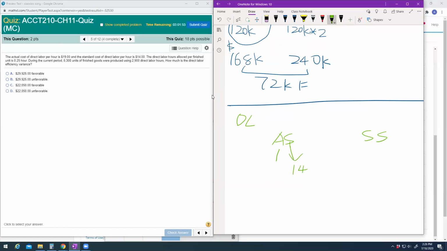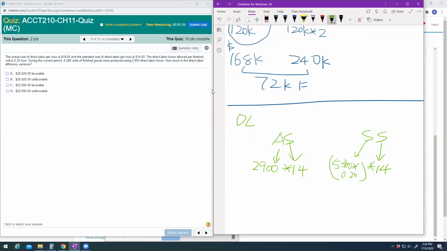Direct labor hours allowed per finished unit is 0.25 hour. During the current year, the finished units produced used an actual direct labor hour of 2,900, and the standard is we finished 5,300 units. Each one is 0.25 hour.